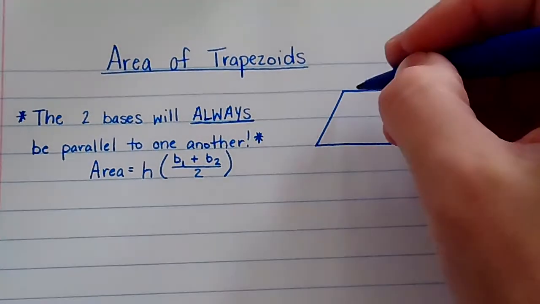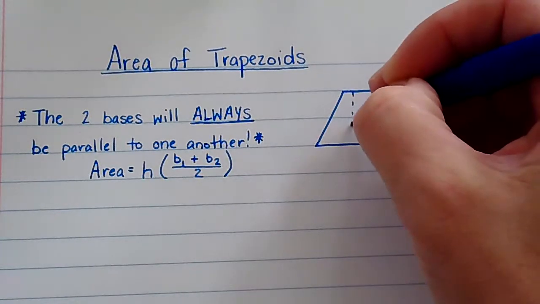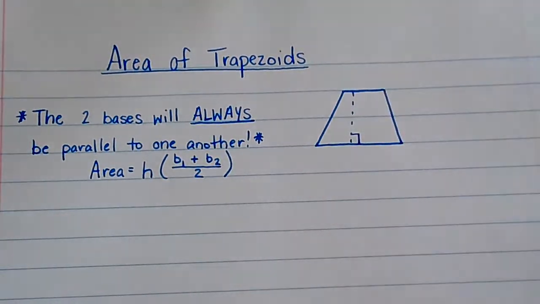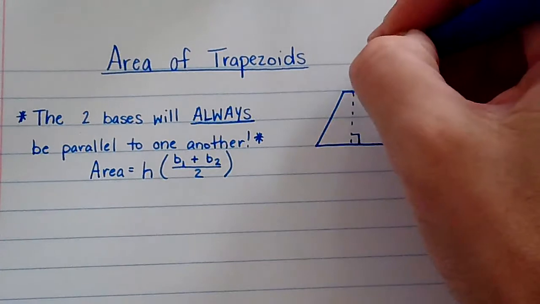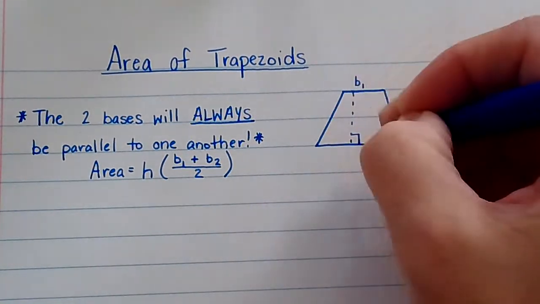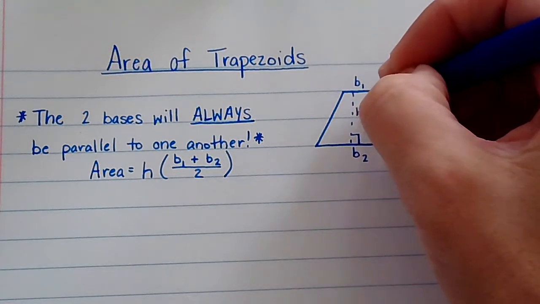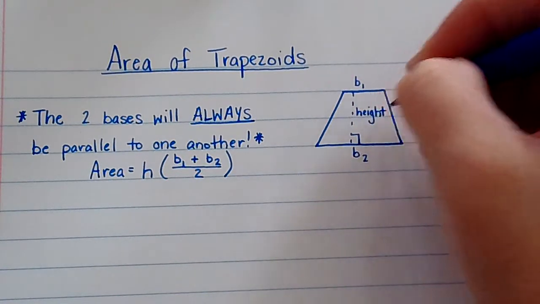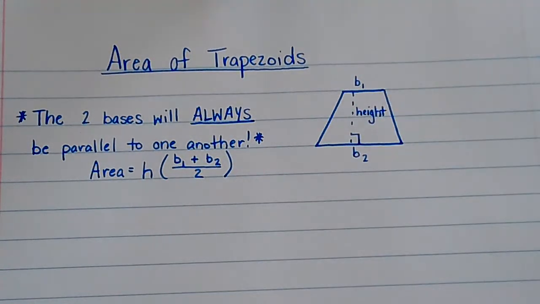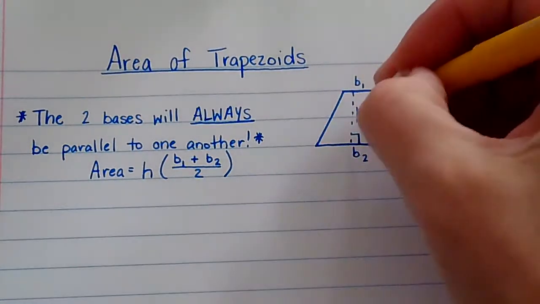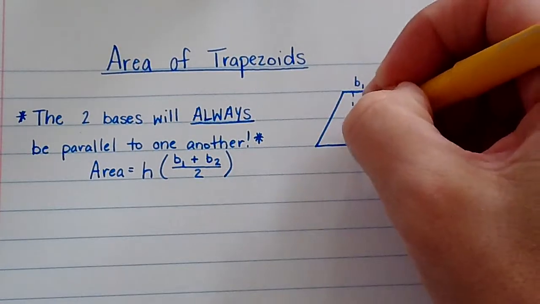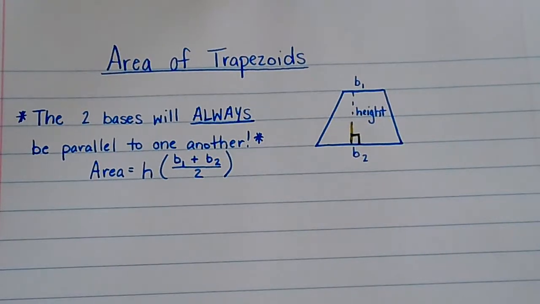Now, just like before, they're going to give you all the information you need to know, okay? So this would be base 1, this would be base 2, and then just like before, in here is your height. You're still looking for that chair, okay? Your chair is right here, and your chair is going to tell you your base and your height, okay?